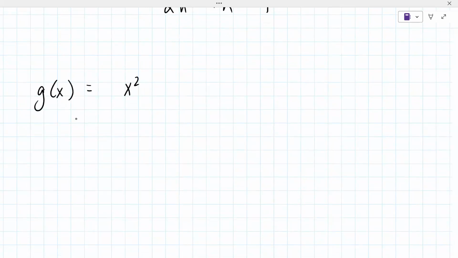Let's go x squared minus 5x. Could you find g of 2 plus h for me, please? Yeah.